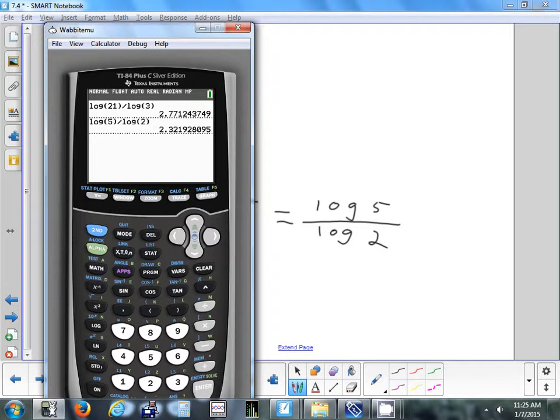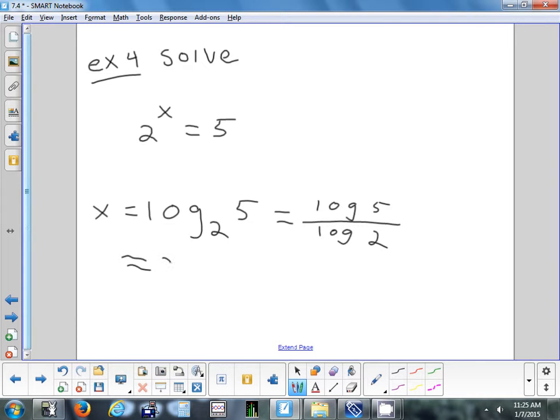It's about 2. We said it should be between 2 and 3, and it's about 2.32. So in general, if you've got a very simple equation, there's nothing to combine, there's nothing to split, just try changing the form, either to exponential or to log. Any question on example 4?